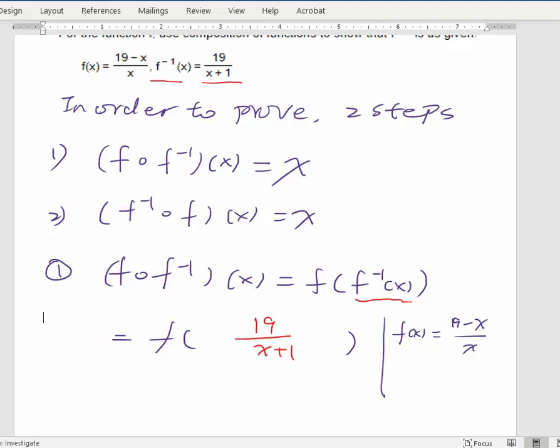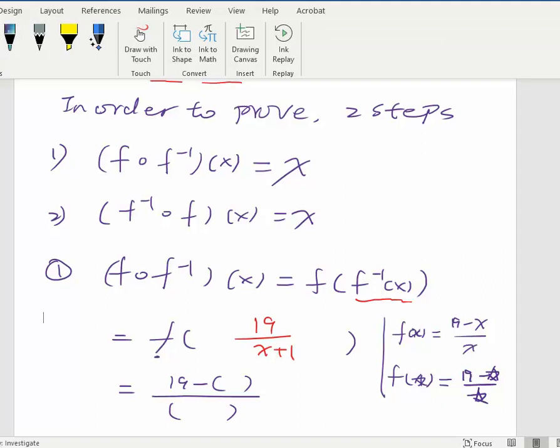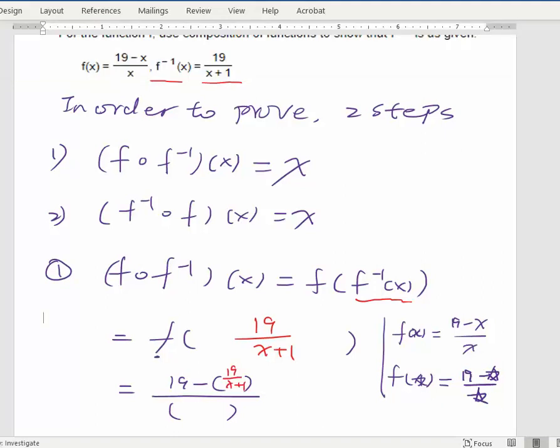But remember, this x can be replaced by anything in the parentheses. So I can have f of the star equal to 19 minus the star over the star, right? So this star here is 19 over x plus 1. When I replace it into the function f, I will have 19 minus the star over the star, and this star is 19 over x plus 1.